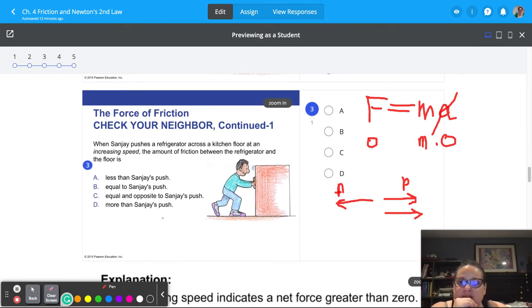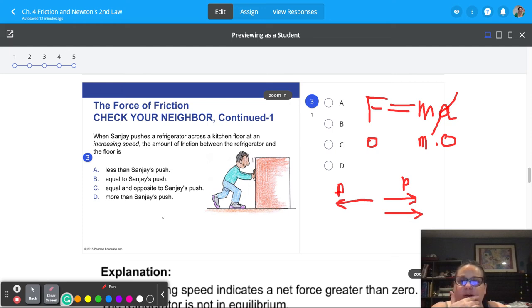Next question. When Sanjay pushes the refrigerator across the kitchen floor at an increasing speed, the amount of friction between the refrigerator and the floor is what? In this case, we do have some acceleration. If we have an increasing speed, we have acceleration. It is not zero, it is some number, which means that the net force is also some number.